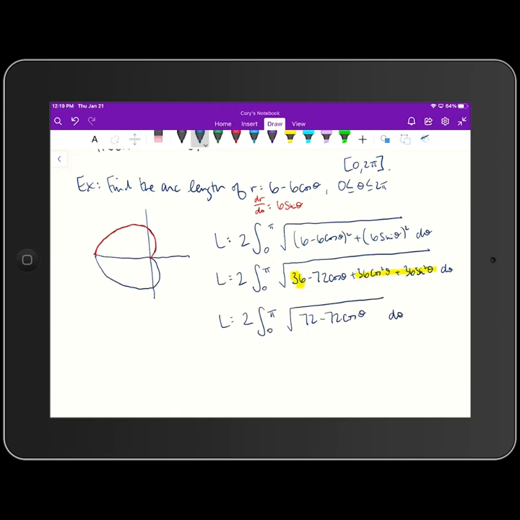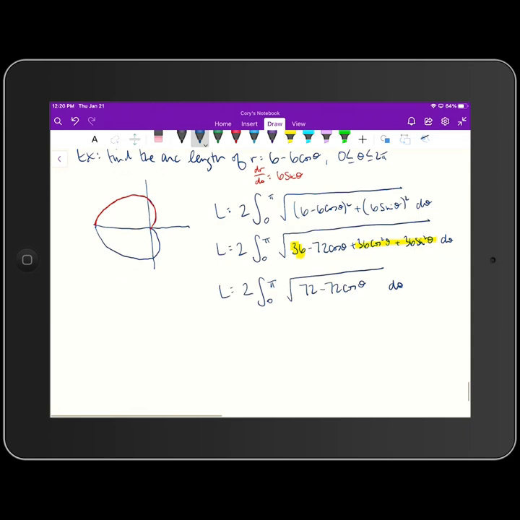Okay, and what I'm going to do with this is factor a 72 out. So that's going to make arc length here become 2 times the integral from 0 to pi. I'm going to rewrite this as 72 times 1 minus the cosine of theta, which we're integrating with respect to theta. Okay, so if I want to simplify the expression that I have under the radical, I can break 72 up into a factor that's a perfect square and a factor that's not.